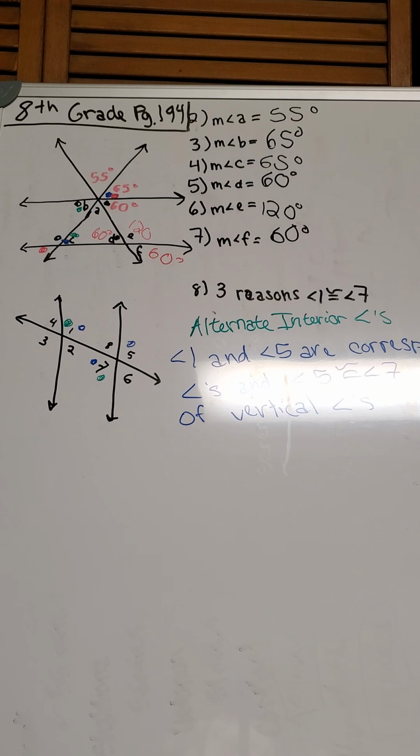Something else you can think about is that angle 1 and angle 7 are both supplementary to the same angle, angle 2. So those have to be congruent. What do they mean by that? Angle 2 and angle 7 are same side interior, so they add up to 180.